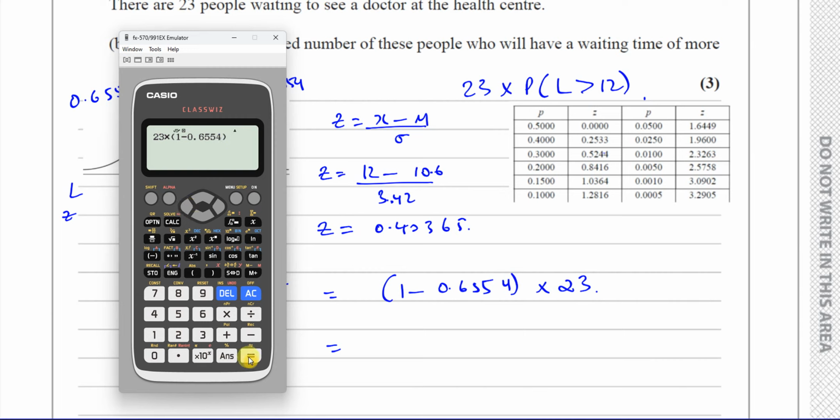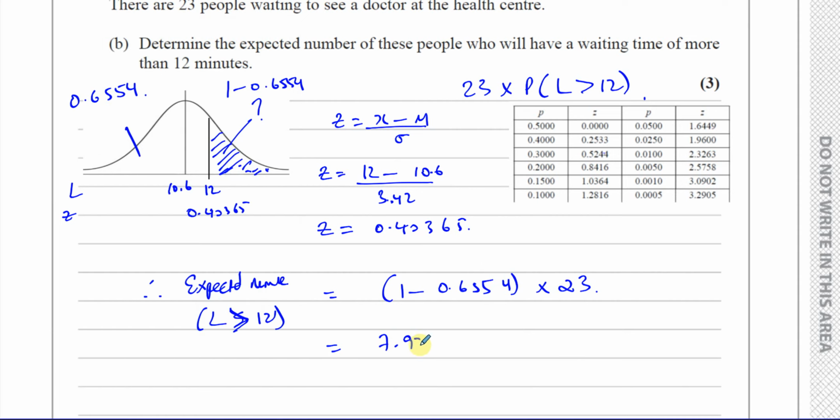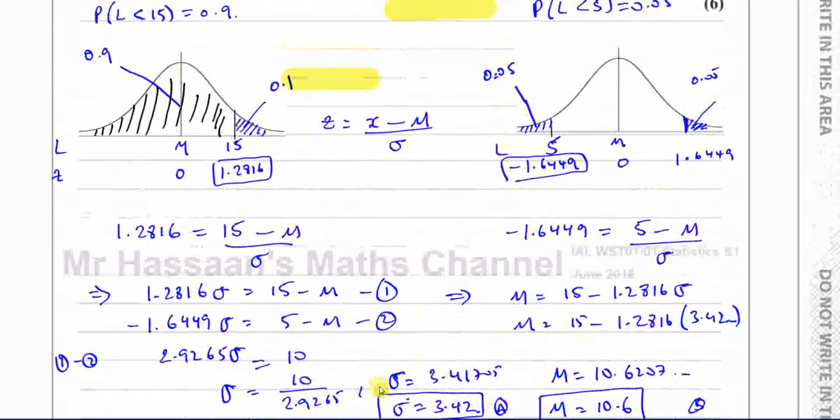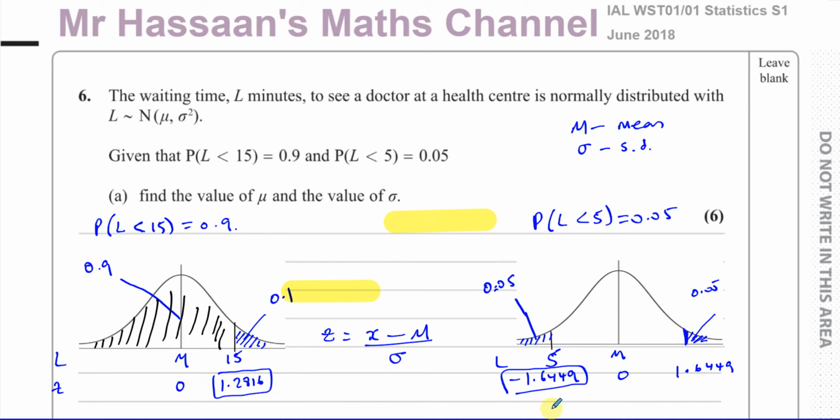Yep, that will give us our answer, which is 7.9258, which we'll round to 3 significant figures, 7.93. The question didn't tell us how to round it. So 7.93 is going to be the expected number of people who will have a waiting time of more than 12 minutes. All right, so that's the answer to question number 6, A and B.